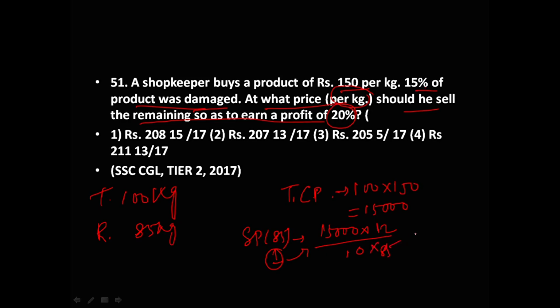Clear? So what is it? This will be 18,000. 18,000 divided by 85. So it's 211 and 13 by 17. That will be the answer. Option 4. Clear?